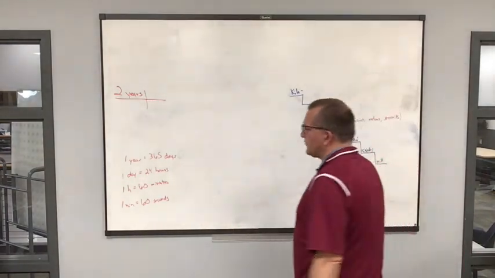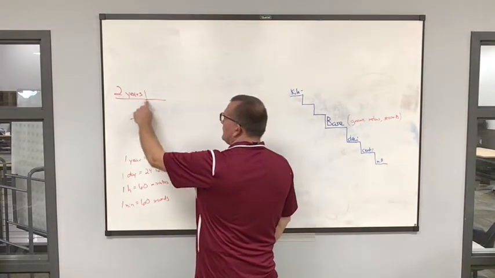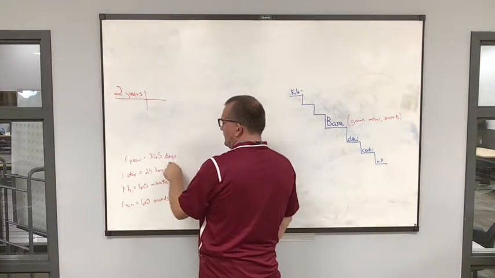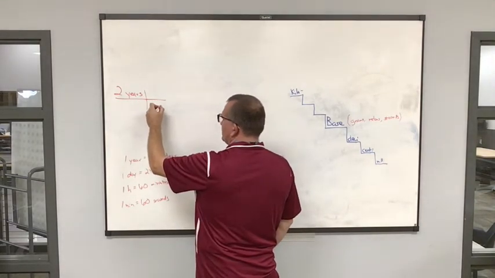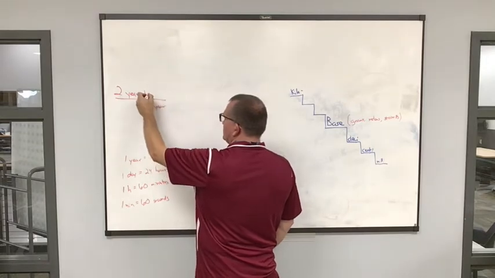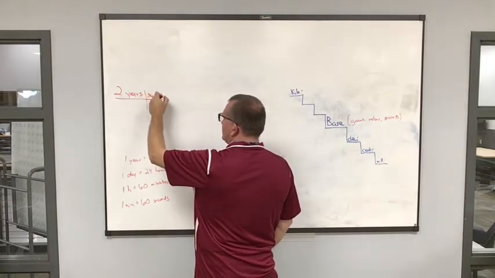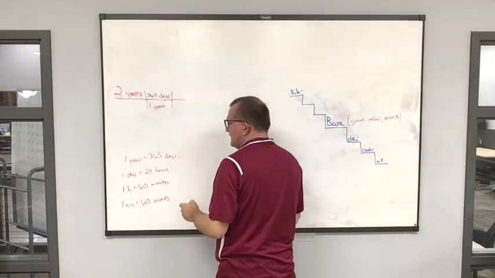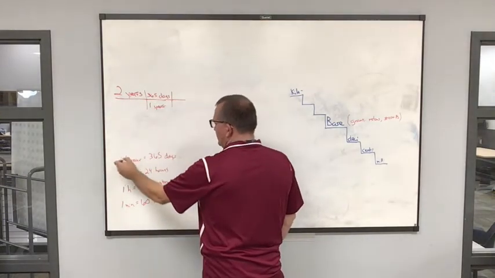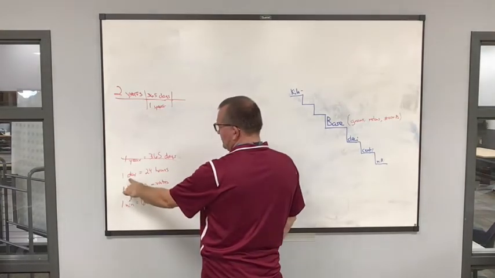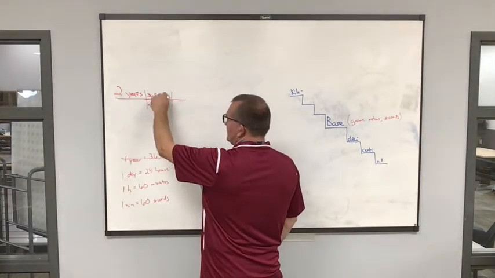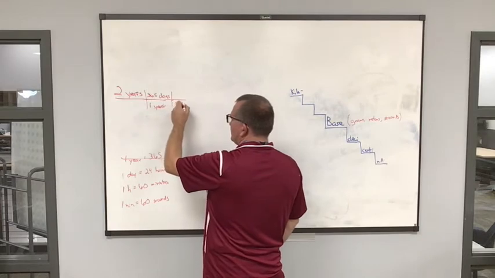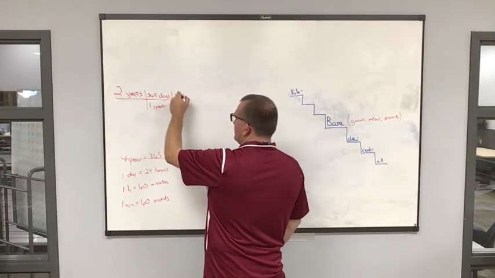So let's work through this. So I have years, so I want years down here. So my conversion factor is this. So I say 1 year, so years cancel, 365 days. Now I got days, and I've already used this conversion, so let's go see. This one has days. 1 day, 24 hours. Days is here. I go 1 day, 24 hours.